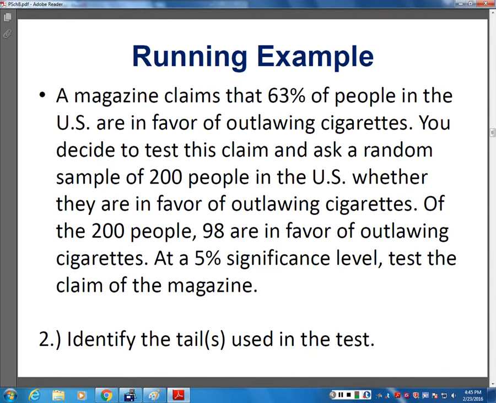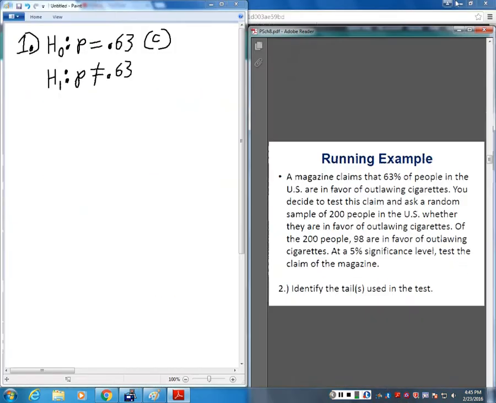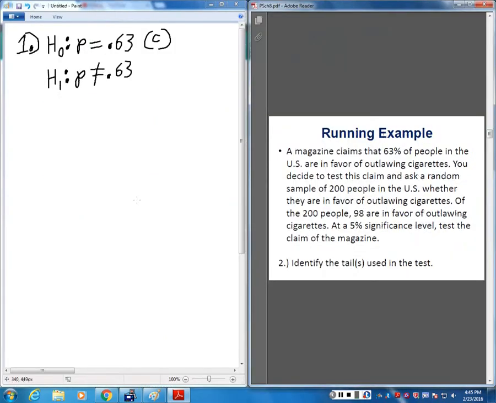So back to our running example we're using for these videos. Number 2 says to identify the tails or tail used in this test. Well, for number 2, if I look at my hypothesis statements, H sub 1 uses a not equal to.